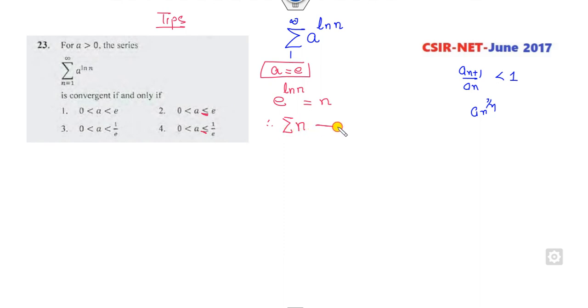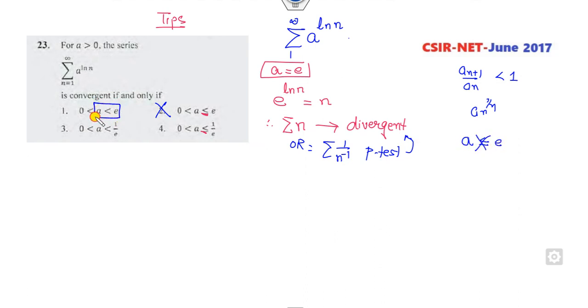The series will be the sum of n, and we know this is a divergent series. You can also write it as 1 over this, so by the p-test it is also divergent. Once it is divergent, this option is cancelled out. So a less than or equal to e is cancelled out.